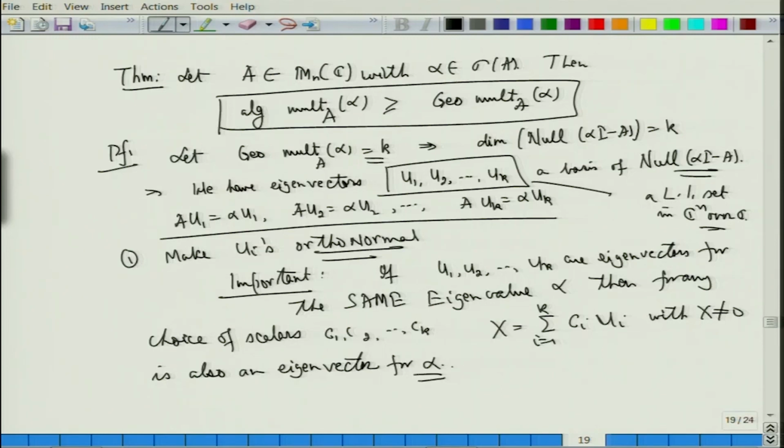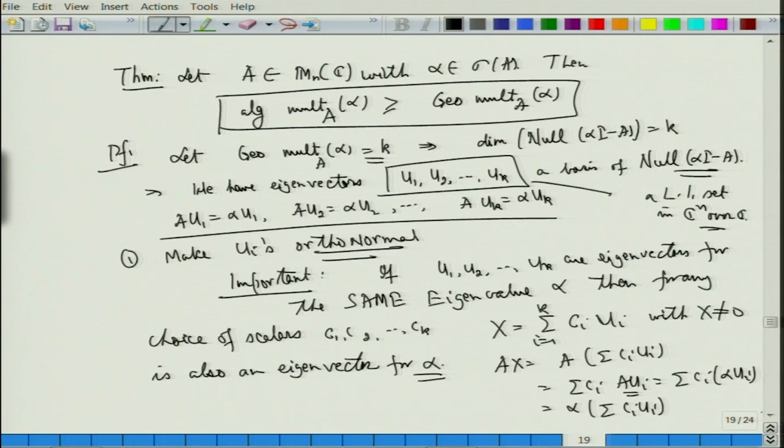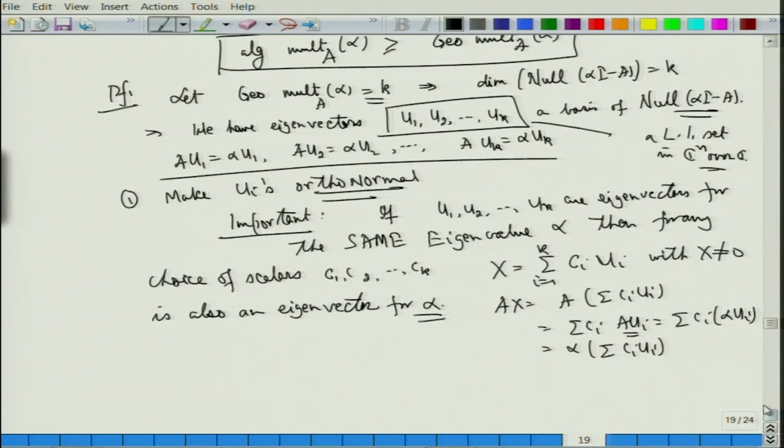Is that okay? You can check Ax is equal to A of the sum of ci ui, which is equal to ci A of ui, which is equal to ci alpha ui, which is the same as alpha times the summation of ci ui. All right. So I can make the ui's orthonormal. That is the first thing.